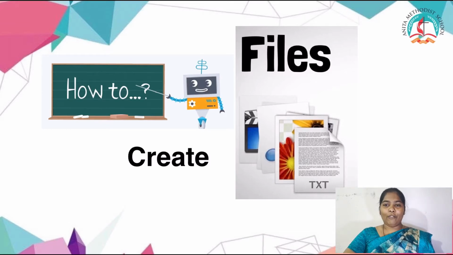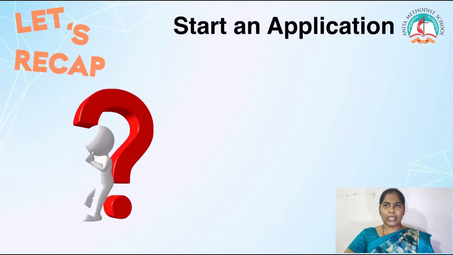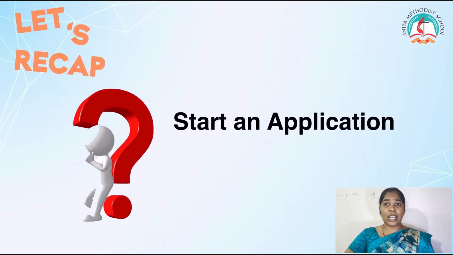Yes. For that, you have to tell me how to start an application. In the previous lesson, we learned how to start an application. How do you start an application? Yes, Start, All Programs, and you have to select the application which you want. For example, can you give some examples of an application?